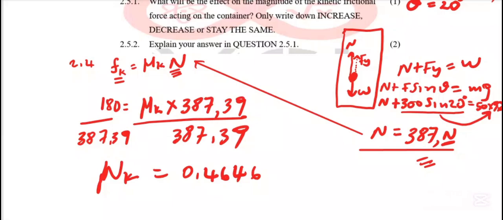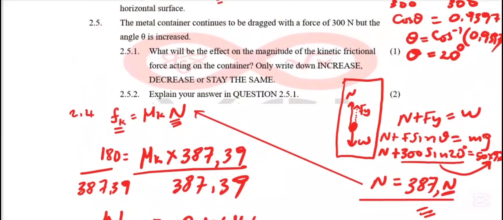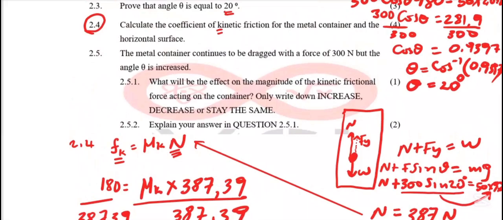Now let's quickly go to another question, 2.5. Let's look at 2.5. What do they say? These are the simplest questions that we have to get. The metal container continues to be dragged with 300 newtons, but the angle is increased.